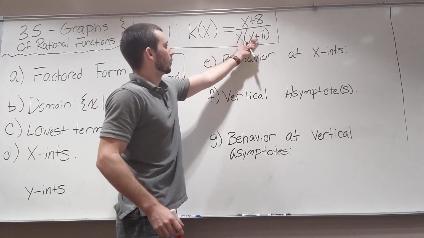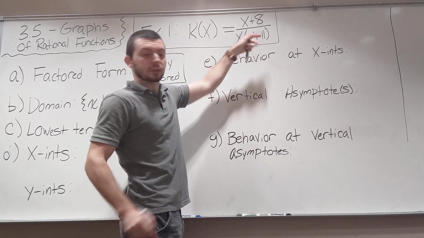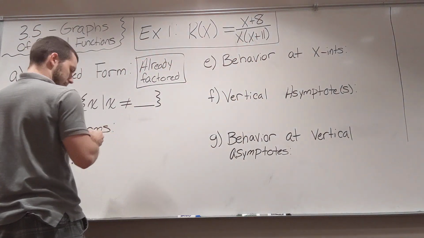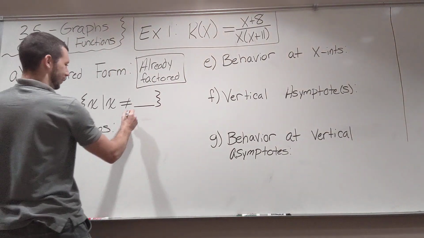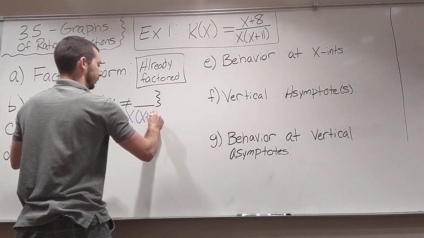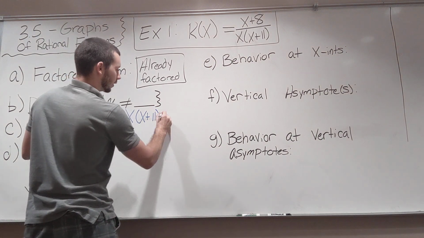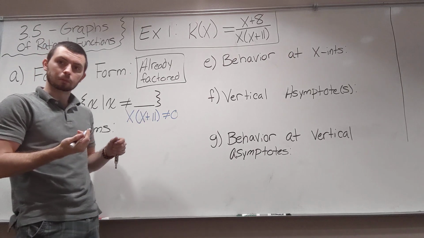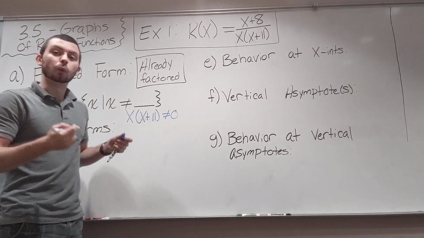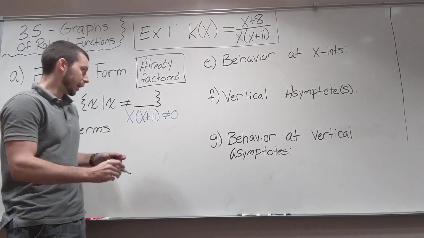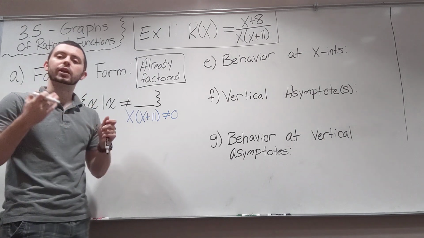So the denominator is x times x plus 11. Let me try a different marker. So x times x plus 11 is now set not equal to 0. Because it's already in factored form, that's how we get the two values of x that the domain is restricting.